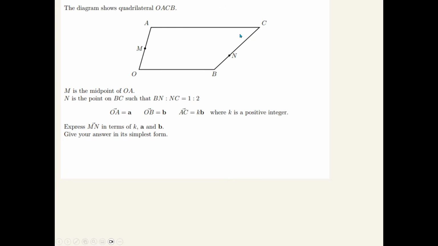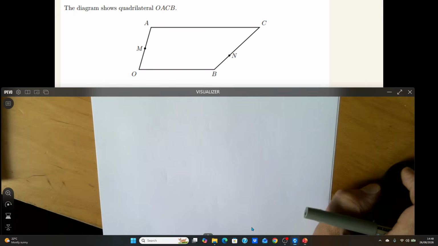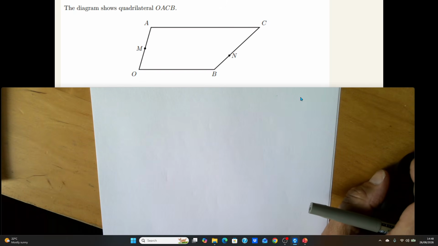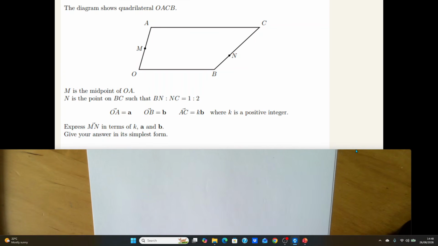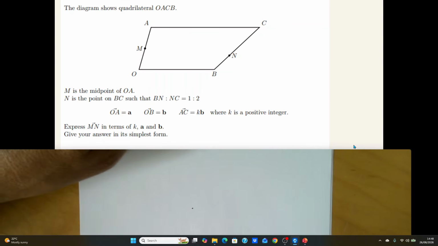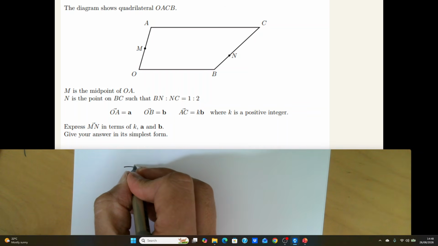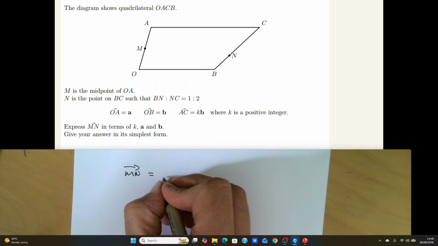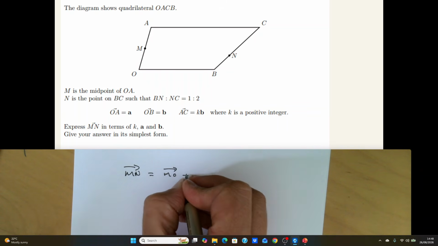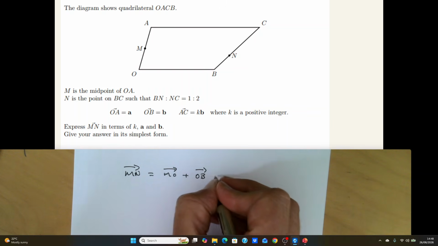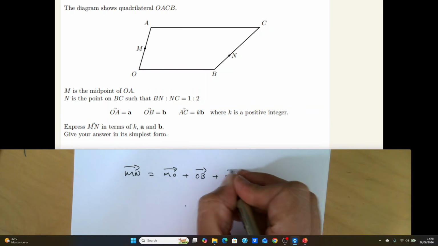Now have a go at this question. What was the first thing I did? The first thing I did was work out what MN is, which is MO plus OB plus BN.